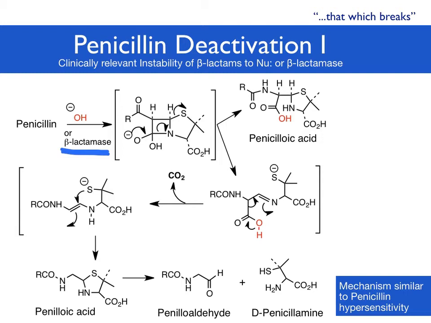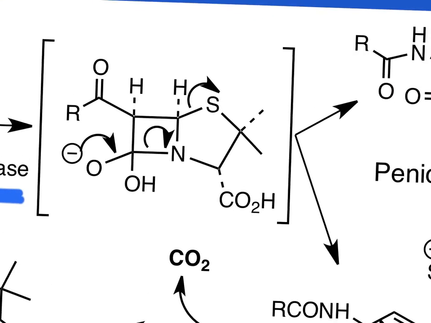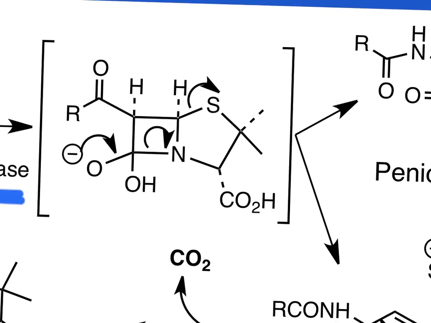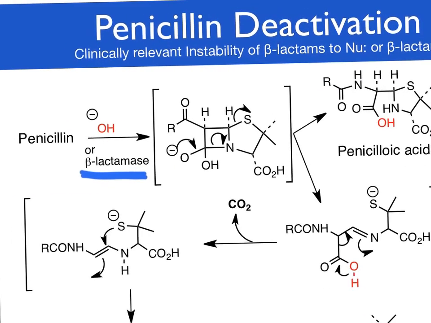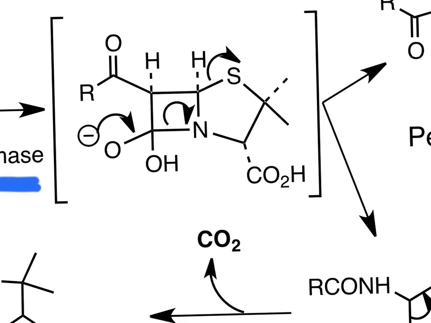So with enzymatic involvement, beta-lactamases, transpeptidases, and so on, this part is very important. When you have penicillin, this beta-lactam ring is broken, gets ripped down.